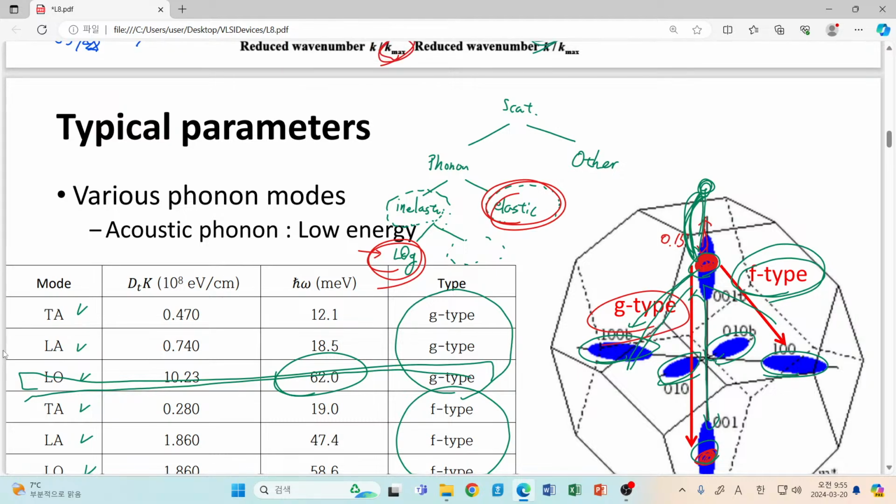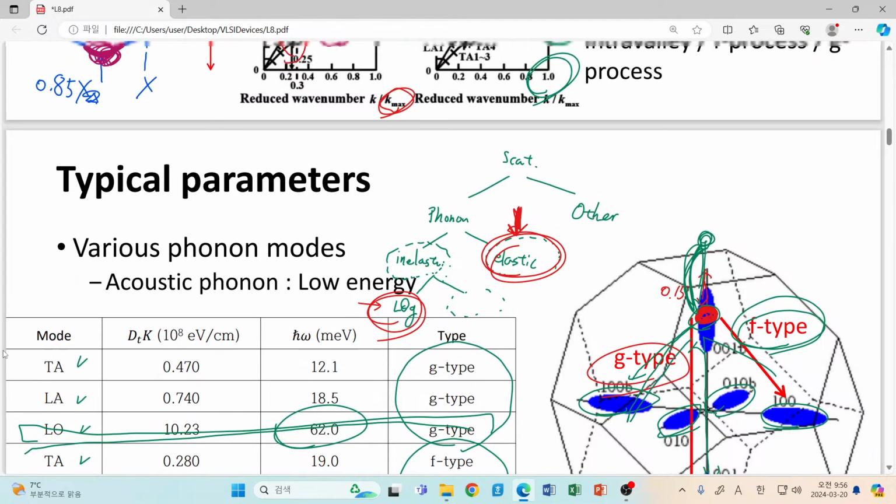Without this one, your mobility value will be highly overestimated, because momentum is mostly relaxed by this elastic scattering. And where can you find the elastic scattering?